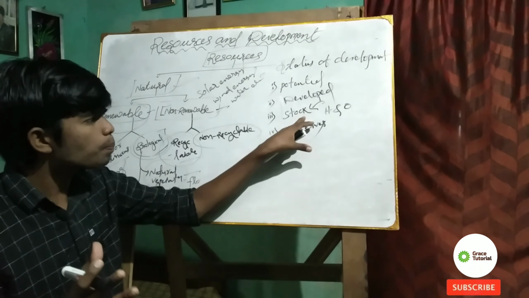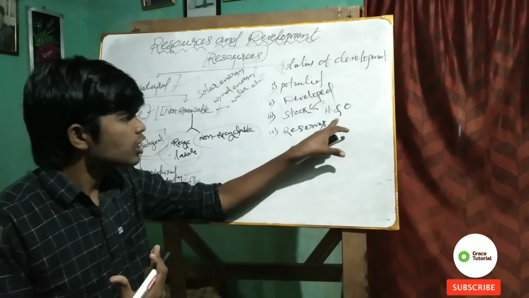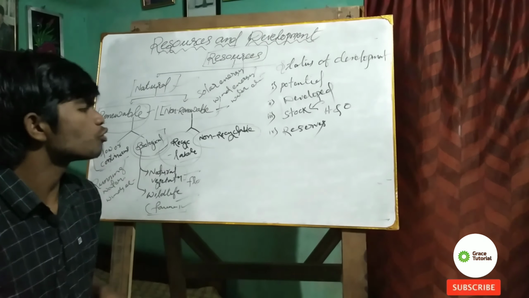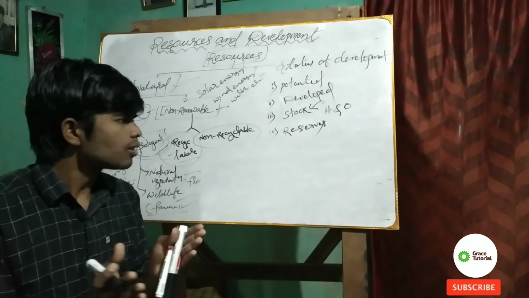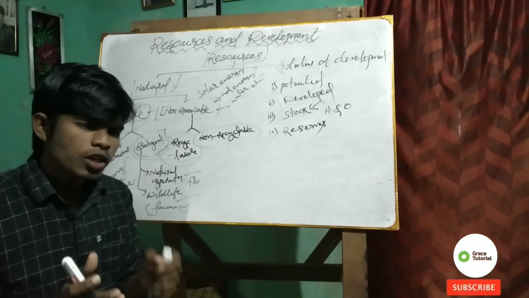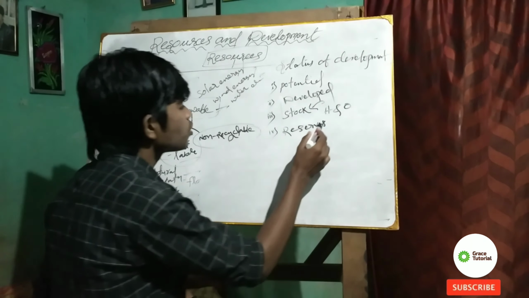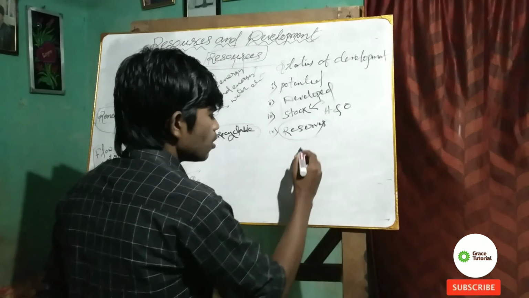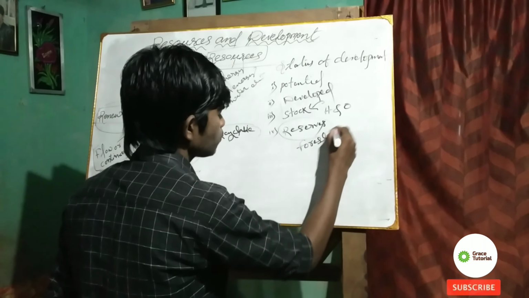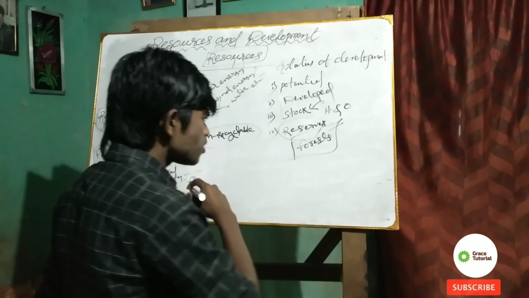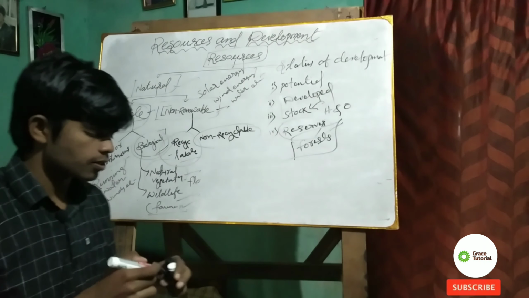We have the stock resources, but we do not have the practical, technical knowledge to use them. But there are some resources which are available and we have the practical knowledge, but the exploration has not started yet. And those resources come under the reserves. For example, the forests. The forests are reserves and they have limited exploration.